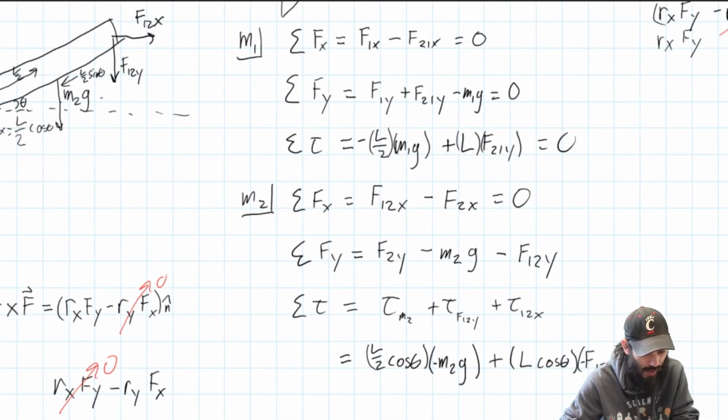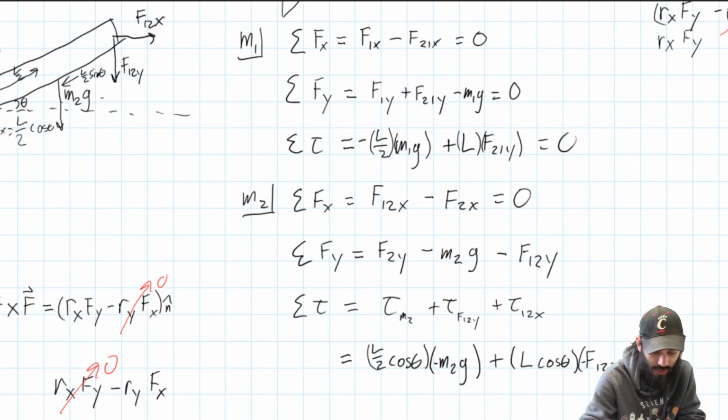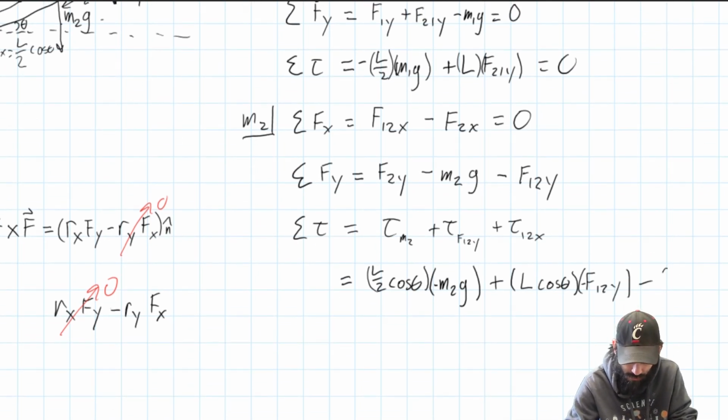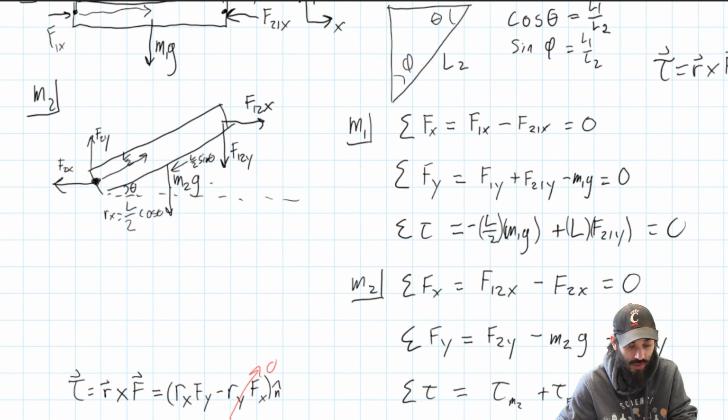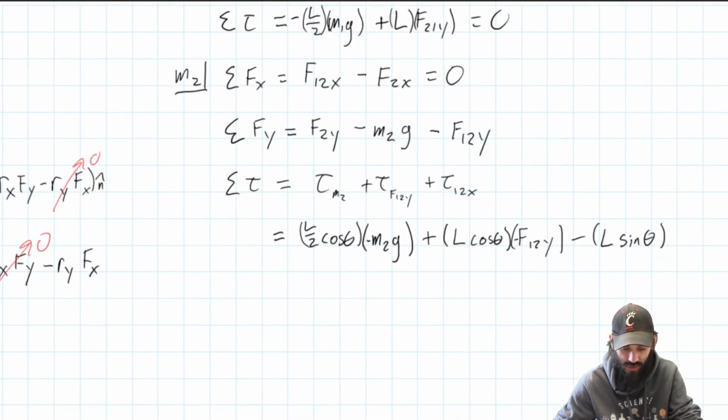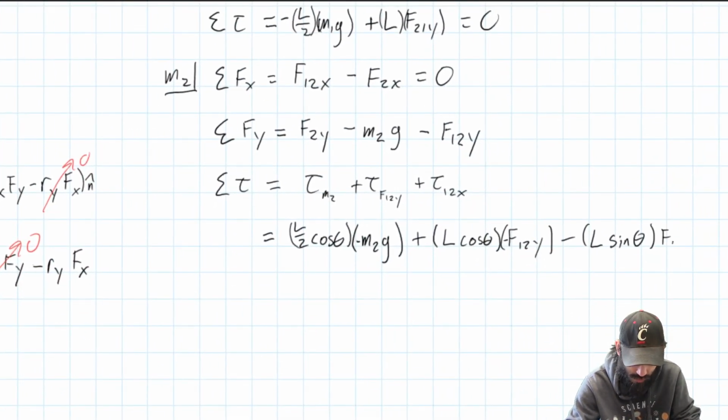So Ry for this big triangle here is going to be L times sine of theta times the force in the x direction, where this force in the x direction is just going to be F12x times F12x. Okay, and that's equal to 0.